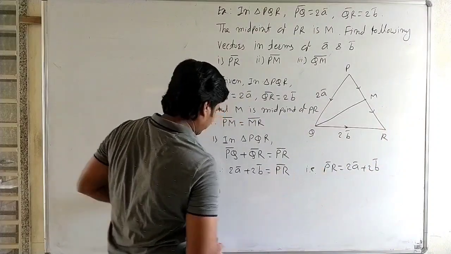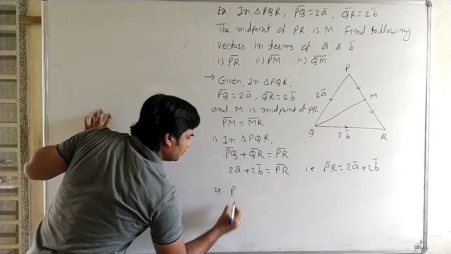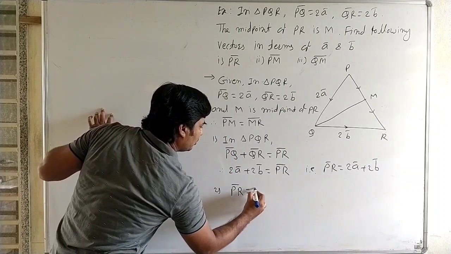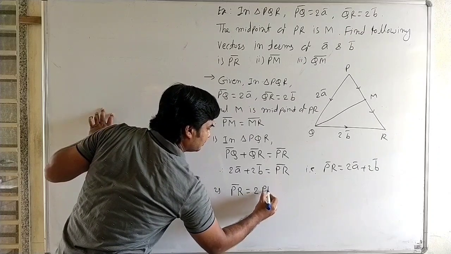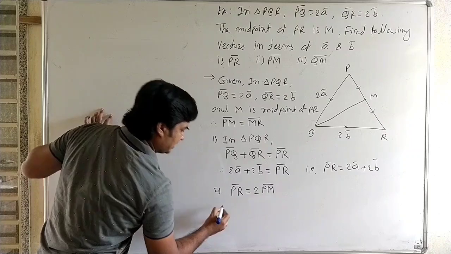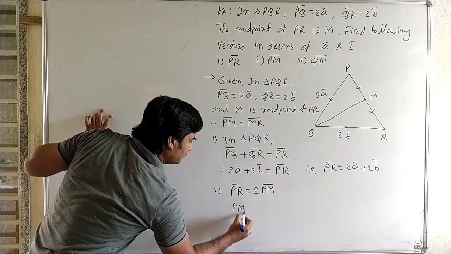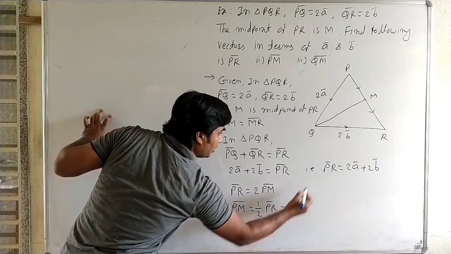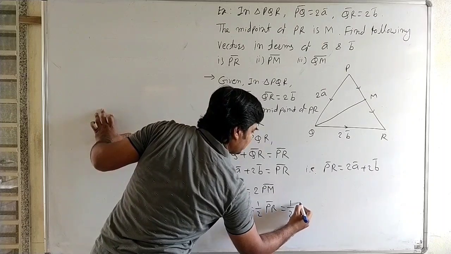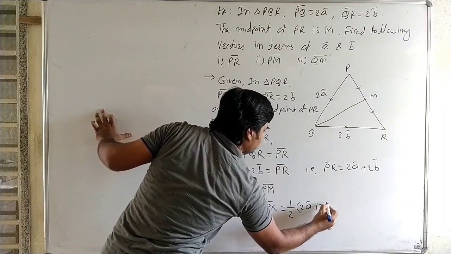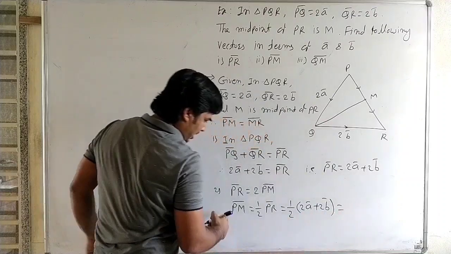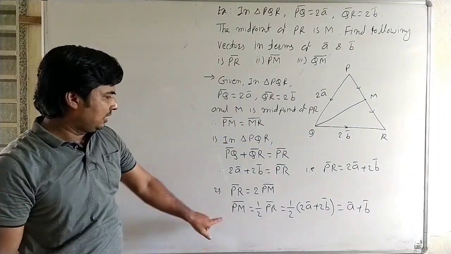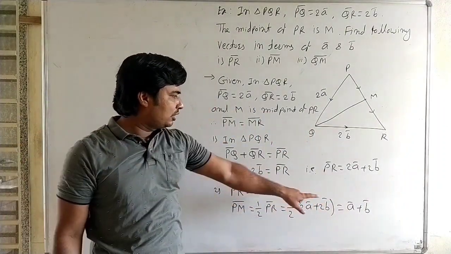Given PR is equal to twice PM, that is, PM is equal to half of PR, and PR is already found, it is 2A bar plus 2B bar. Therefore, we can write PM is equal to A bar plus B bar. It is the PM in terms of A bar and B bar.